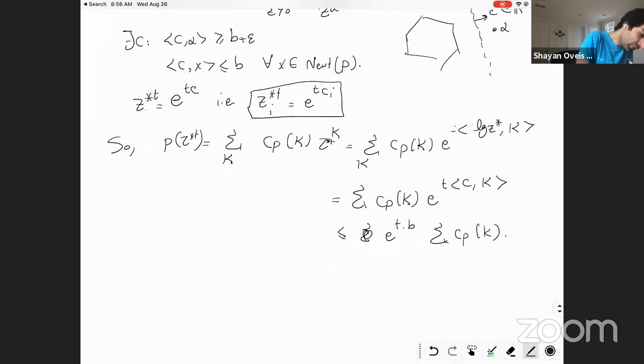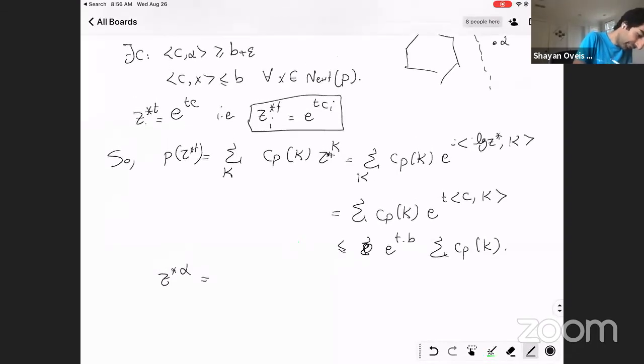And similarly, you can do z star to the alpha, which is equal to e to the alpha dot product log of z star. It's equal to e to the t times alpha dot product c, and it's at least e to the t times b plus epsilon.